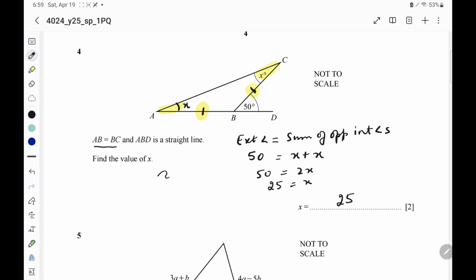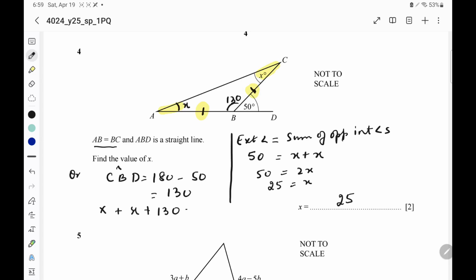So you can write down CBD equals 180 minus 50. Remember, calculator is not allowed. So that is 130 degrees. So if it is 130 degrees, then x plus 130 equals 180 degrees.